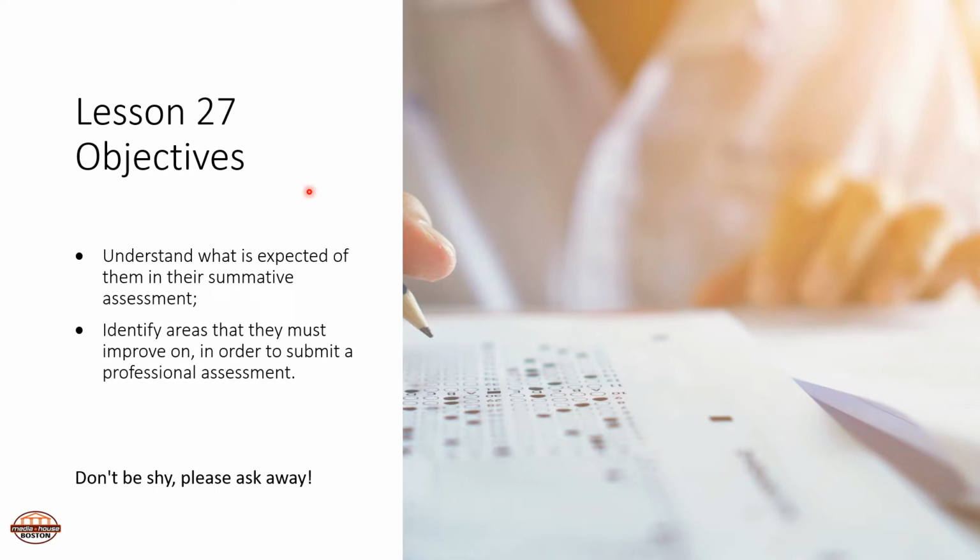Alright, so let's start off with the Lesson 27 objectives. We are going to understand what is expected of you, the students, in your summative assessment, so that you know what we're expecting from you, and then identify areas that you must improve on in order to submit a professional assessment. This is very important.